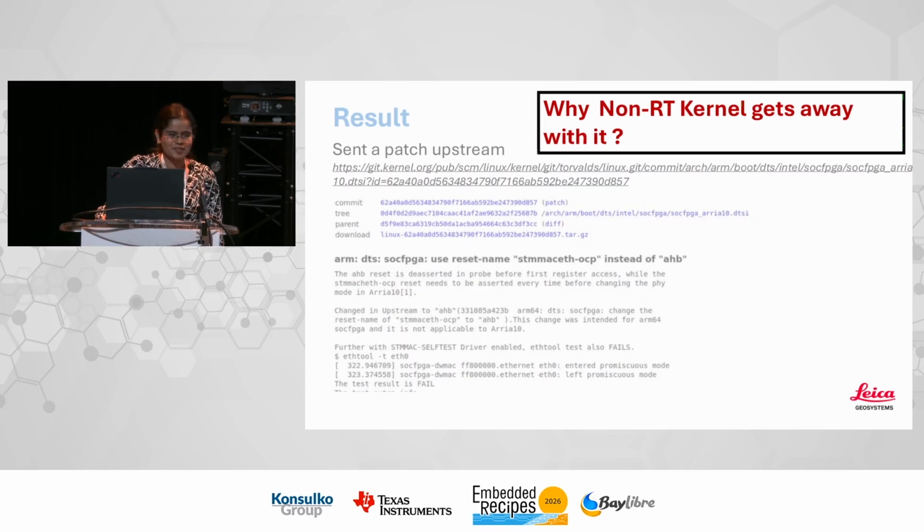But still something was missing, because in my story, I started with RT kernel and then non-RT kernel. And non-RT kernel was somehow getting away with this. My first hypothesis was maybe non-RT kernel provides enough slack to allow the MAC to settle better, and then we have a stable Ethernet connection.